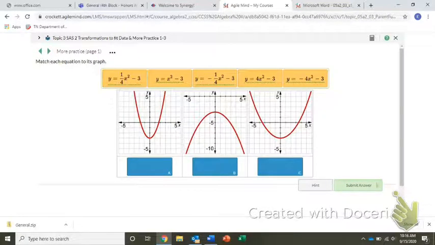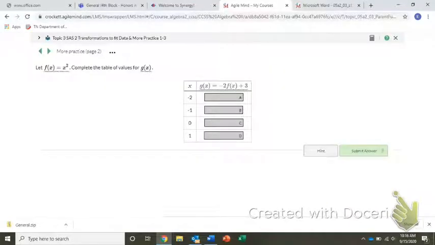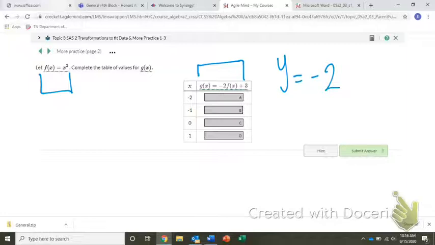All right, on number 2, this one's a little tricky. So, it tells us f of x equals x squared. And g of x is negative 2 times f of x plus 3. But what do we know f of x is?